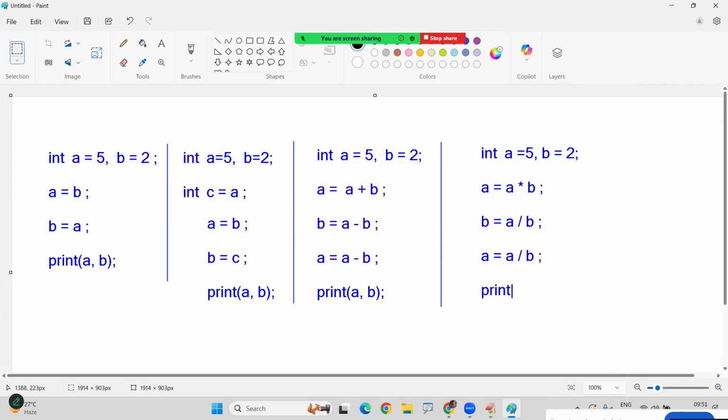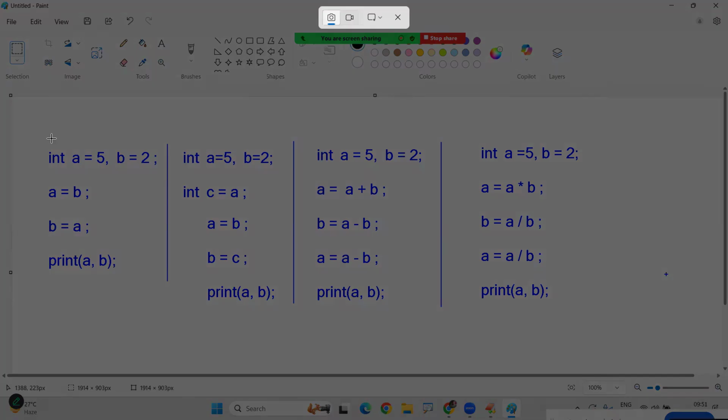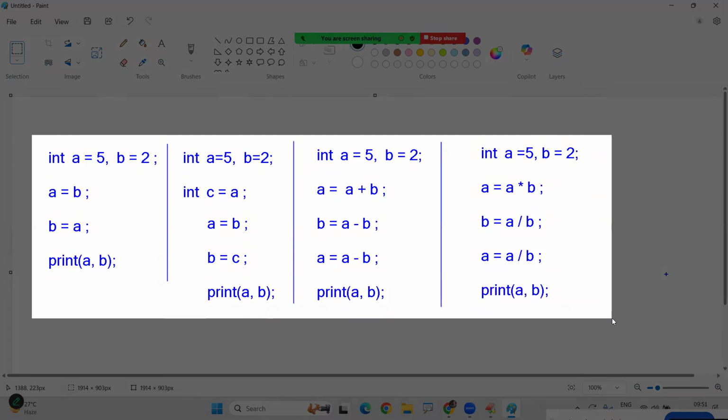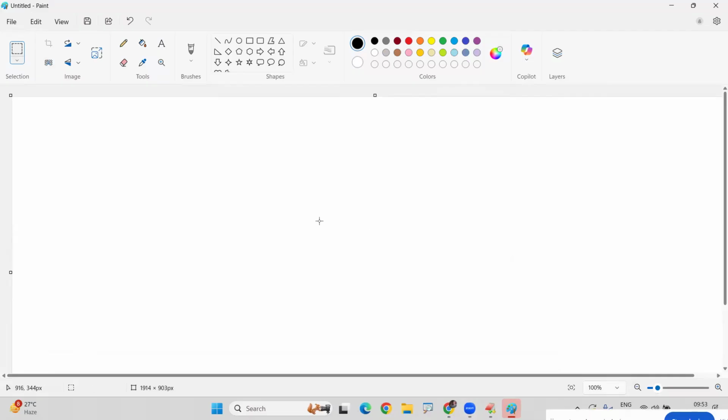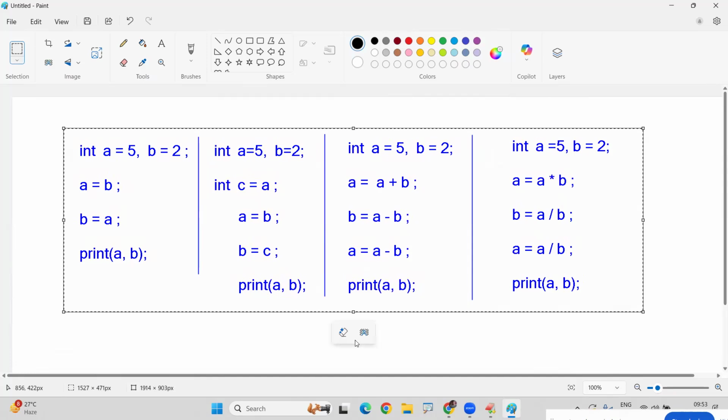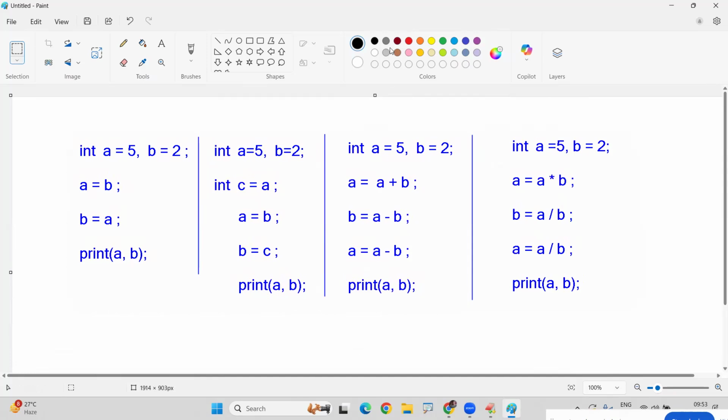Just note down the 4 codes and try to write the outputs. Take time and write the output for these first.